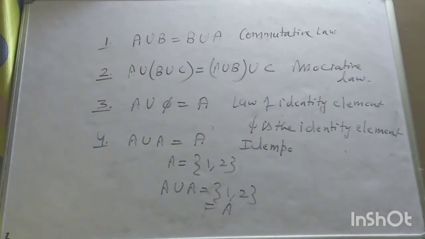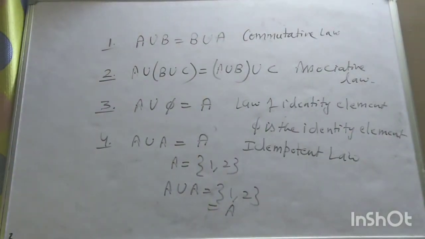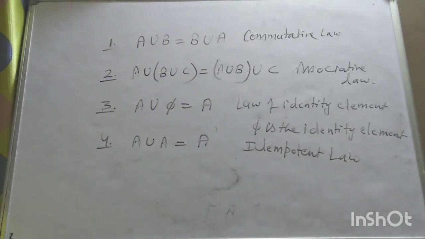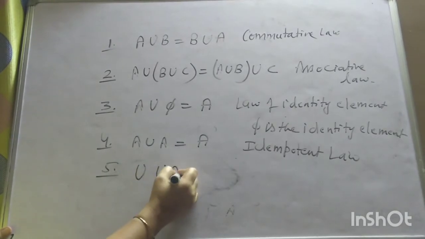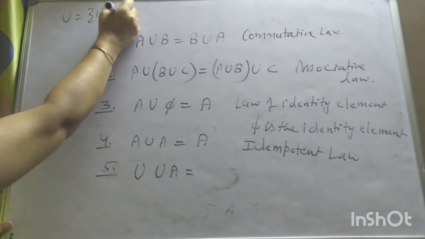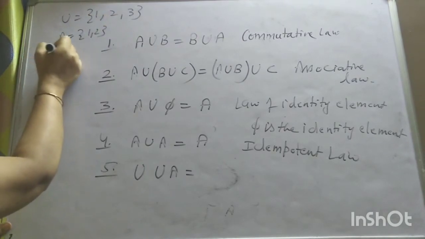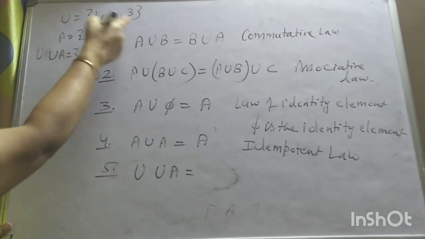Now, next one is universal set union A. If universal set is 1, 2, 3 and A is 1, 2, then universal set union A is 1, 2, 3.